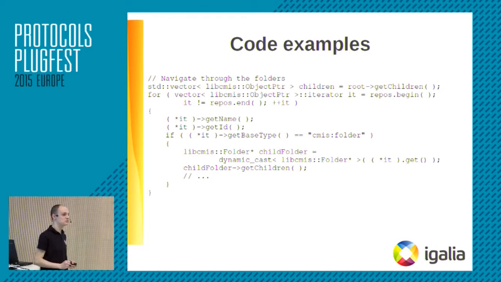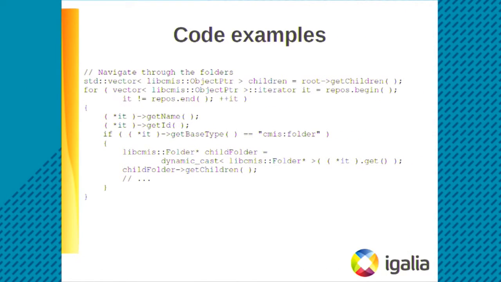Once you have that root folder, you can use it to navigate through the contents. You have the getChildren method that will return you a vector of libcmis objects. Those objects will have name and ID and also some common properties, and you can use the getBaseType method to check which type they belong to.